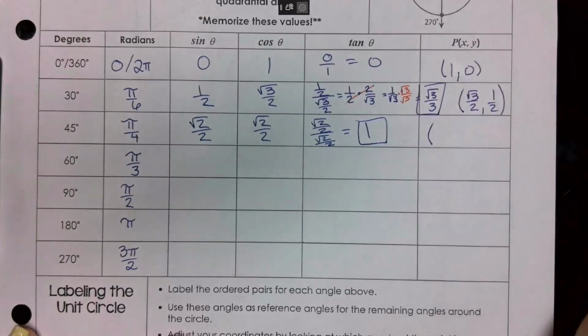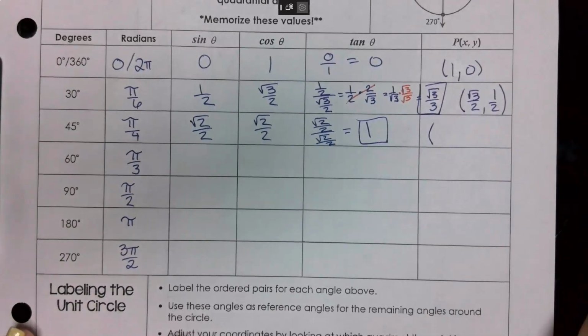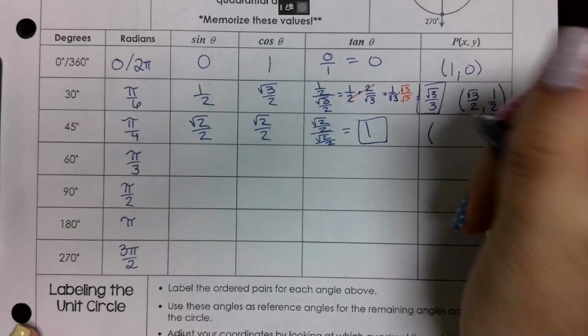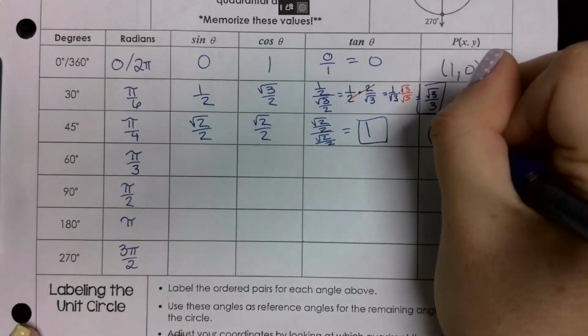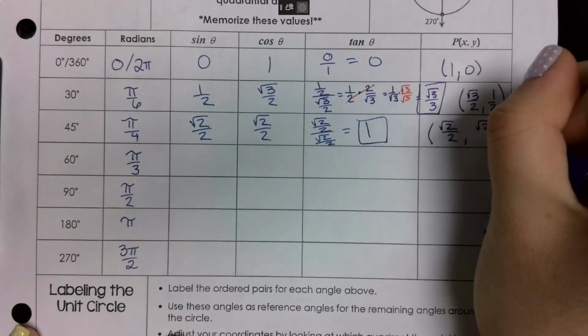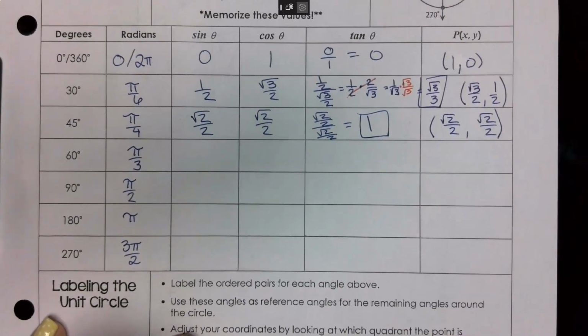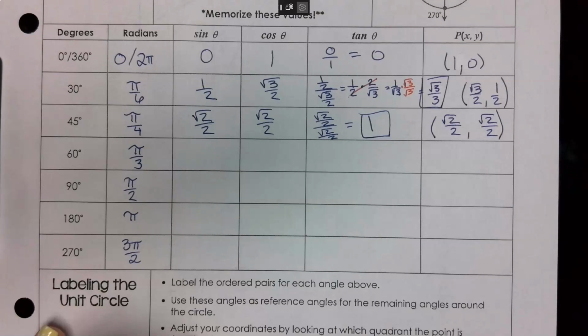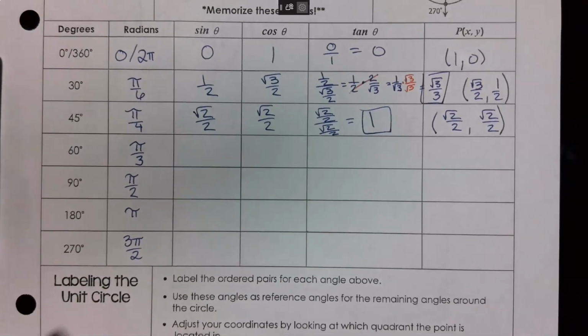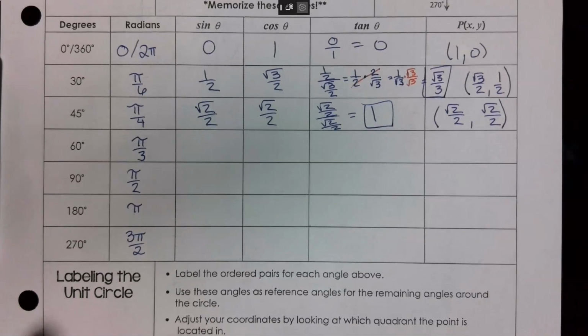So then my coordinate point here is square root of 2 over 2, square root of 2 over 2. This is just so I can organize the information.